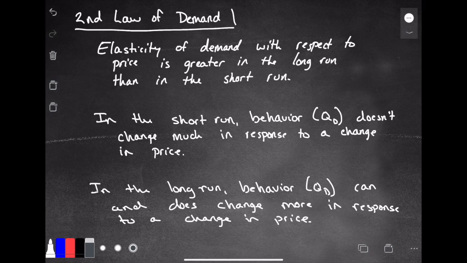The textbook here gives a great example of gasoline. Let's consider the price of gasoline and your behavior. You drive about the same amount immediately after an increase in the price of gas because you don't have much time to figure out an alternative means of getting around town.